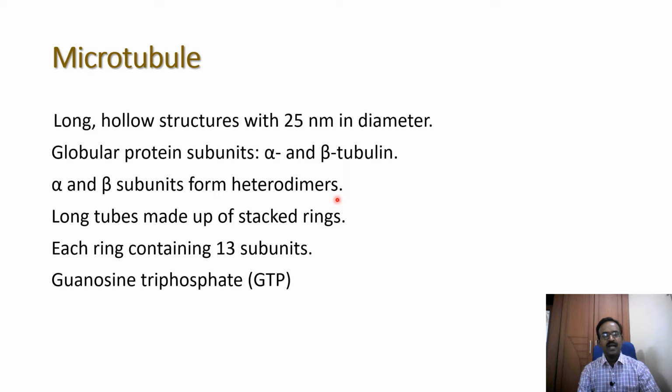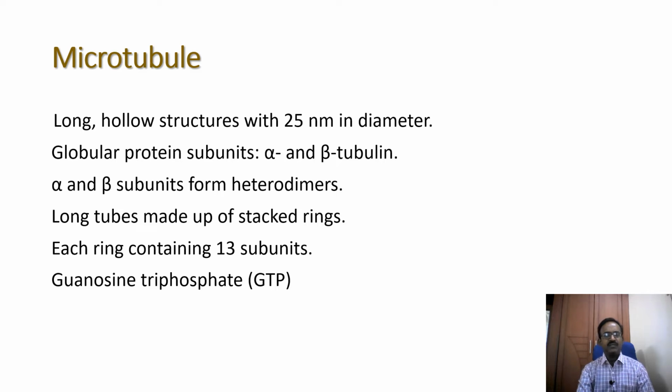The aggregation of the heterodimers, aggregation means joining, many heterodimers joining to form long tubes made up of stacked rings. Stacked rings means rings placed one on top of another, like that.